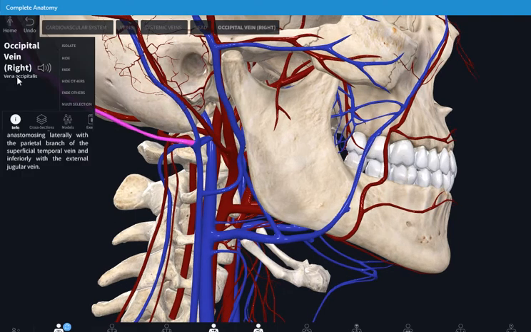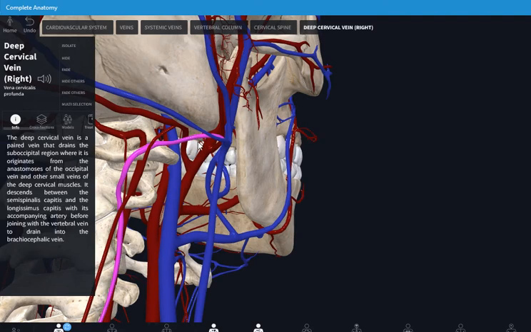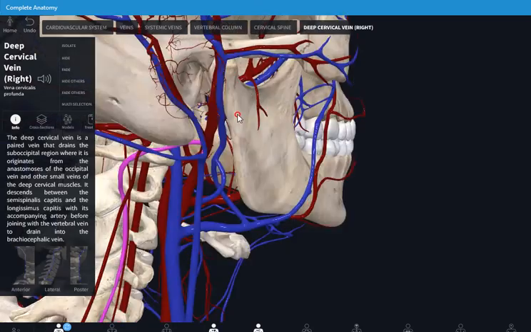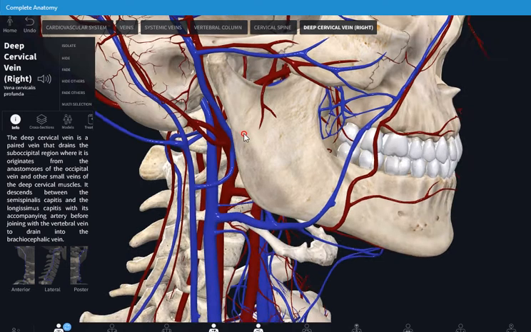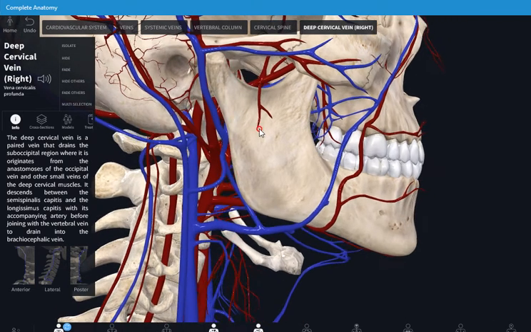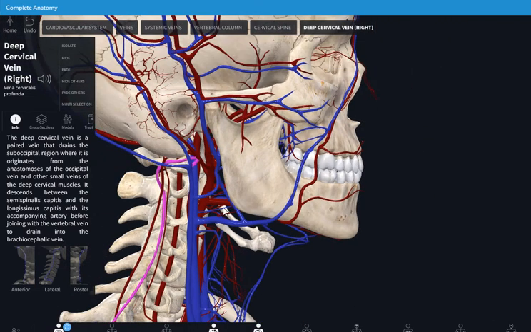So it takes from here, and it also takes from this portion here. All these, and the deep cervical vein, are the origins of the external jugular vein. They are going to come and form the external jugular vein.